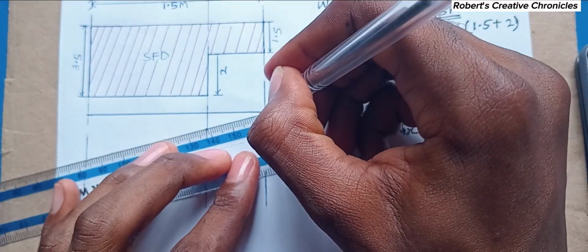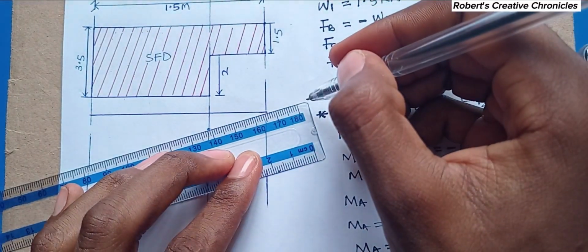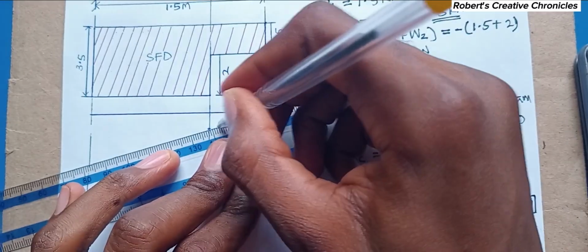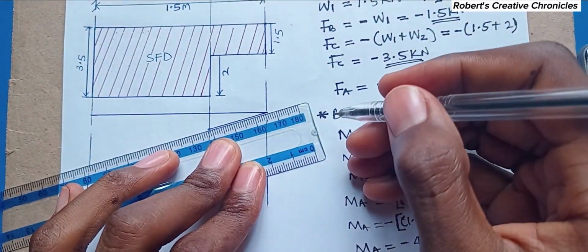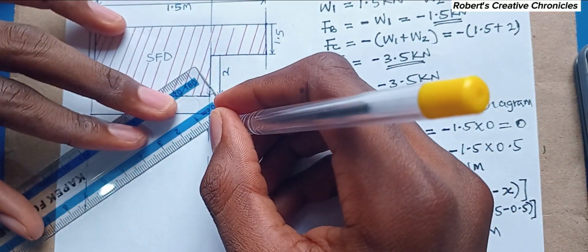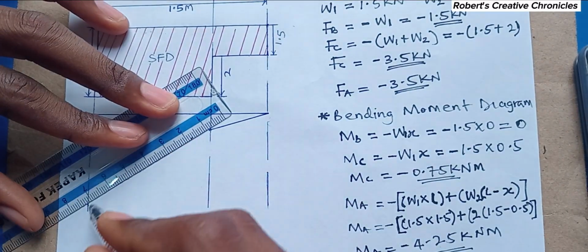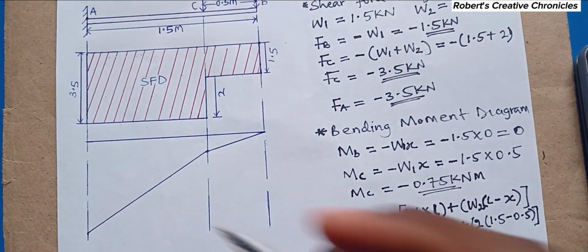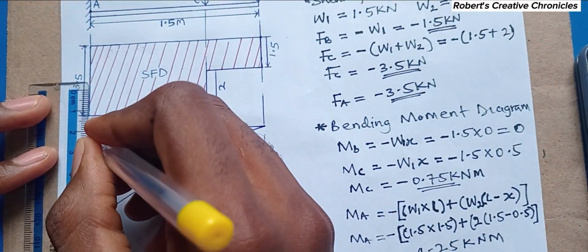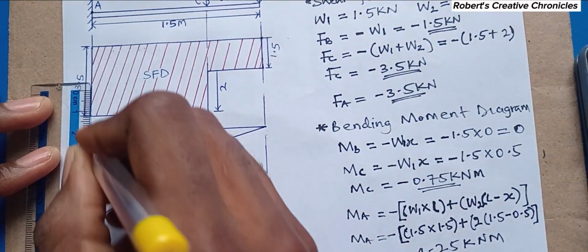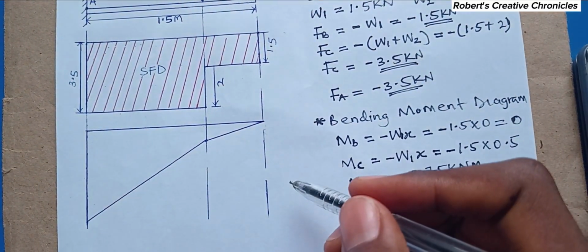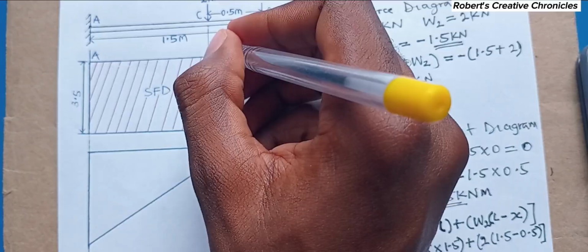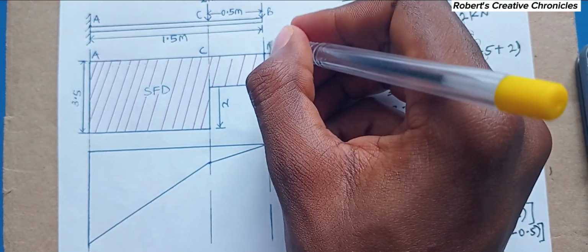So I join this point first to here, then this point to here. And you close it. So this is our bending moment diagram. And remember that this point is A, this point is C, this point is B, just as above.